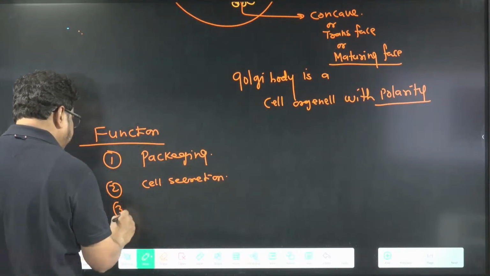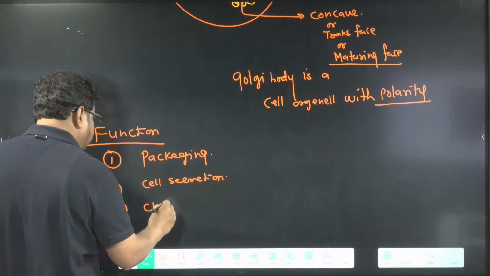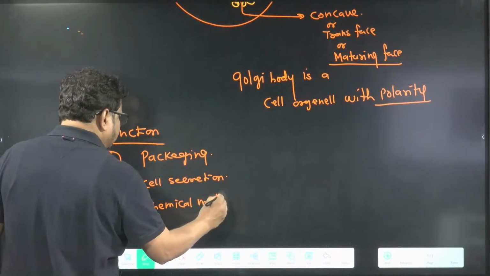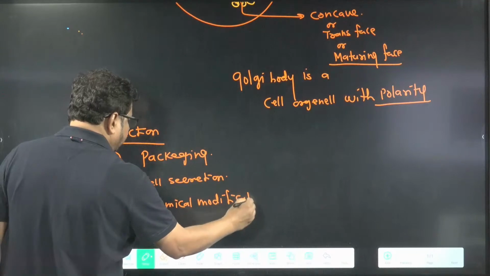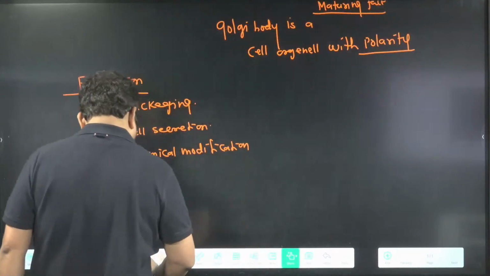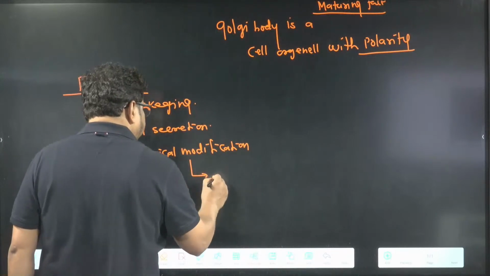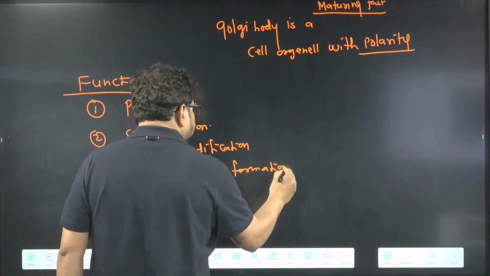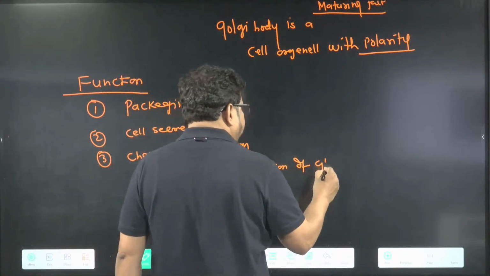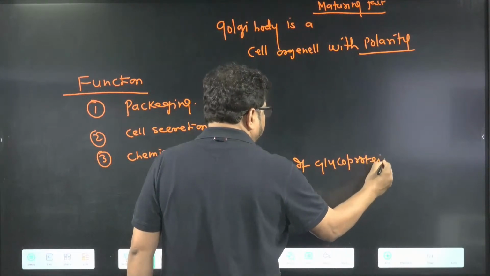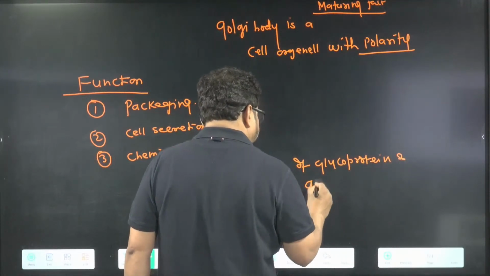Third function I am writing, chemical modification. That is the function written in NCERT. And chemical modification, that is the formation of glycoprotein and glycolipid.